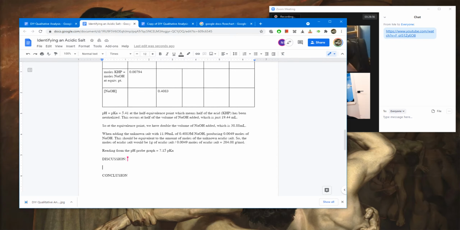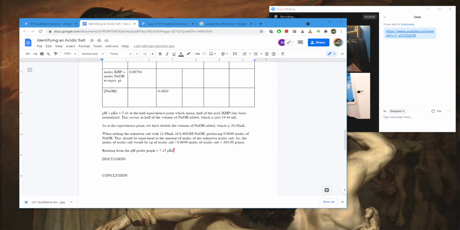Wait, sorry, say that again. The titration curve that we're following, which is the number I put down. That's the pH of it. That's the pKa. So that's when you'd use the Henderson-Hasselbalch equation.